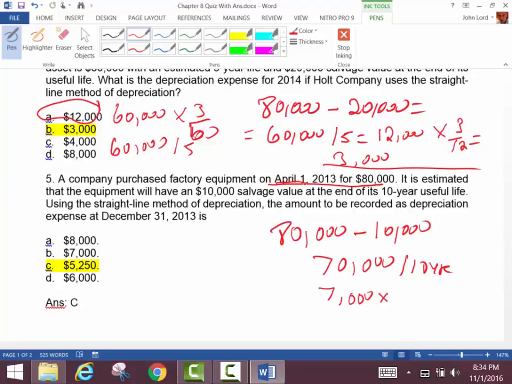I'm telling you guys, do not figure out the months in your head. Step away from the problem and count the numbers on your fingers. How many months? 9 months. I don't know what it is about us human beings, but when we're counting months in our head, we mess them up every time. So that's 5,250.